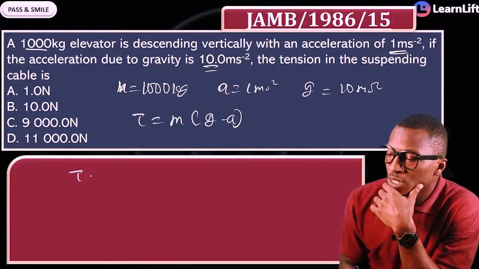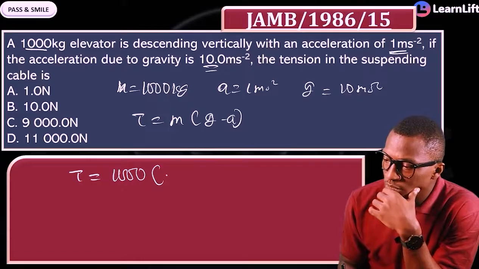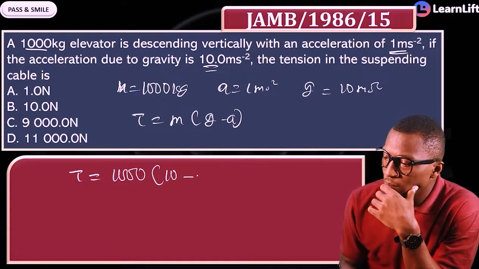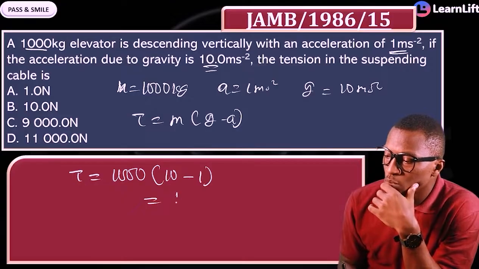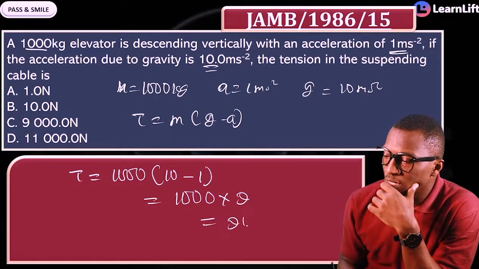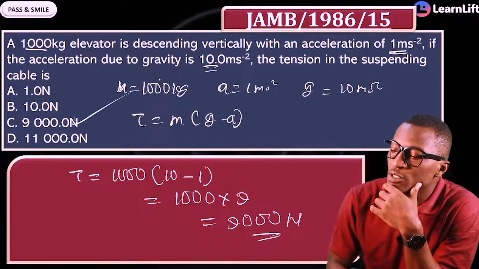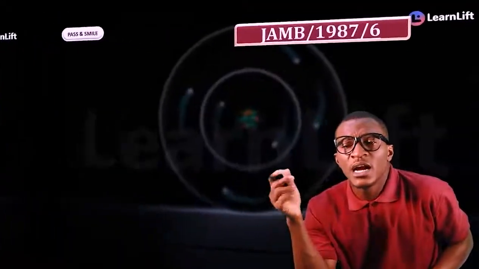So the tension will now be equal to mass 1,000 times 10 minus 1, which is 1,000 times 9, and that gives me 9,000 newtons, making option C the answer. Very simple.